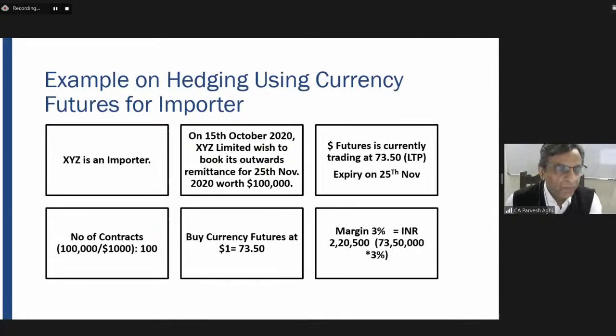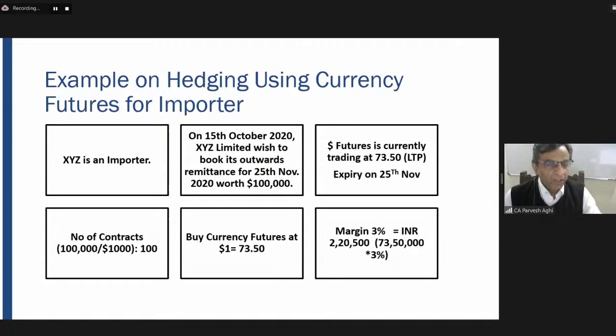Now, when you buy currency futures, that means you buy a contract in the futures market that you are going to buy the dollar at 73.50, and you can exercise this contract anytime before 25th of November 2020. So this gives you a right to buy the dollars at 73.50.